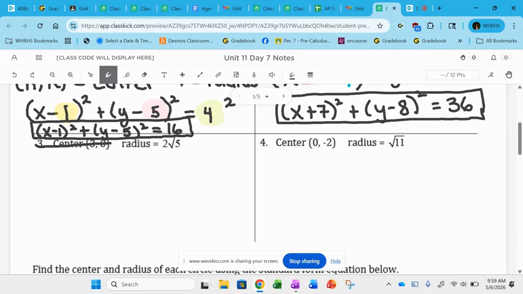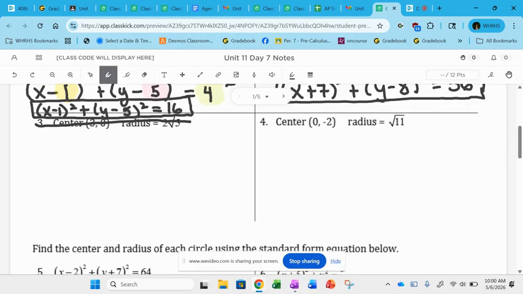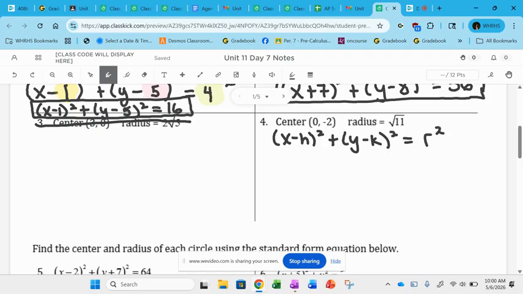Let's cross off number 3 and do number 4. So again, we're plugging into (x minus h) squared plus (y minus k) squared equals the radius squared. All right, Sebastian, plug in for me. Perfect.